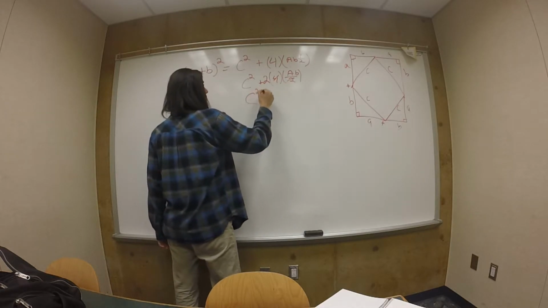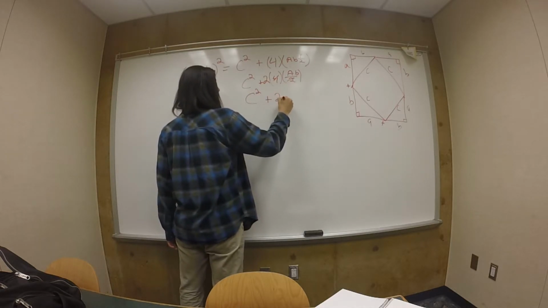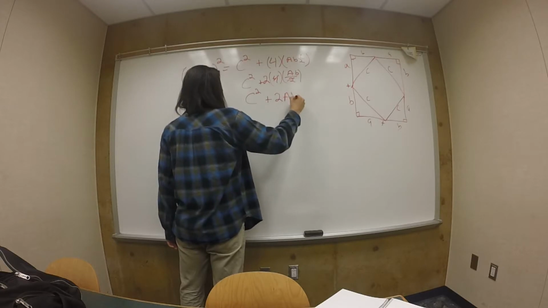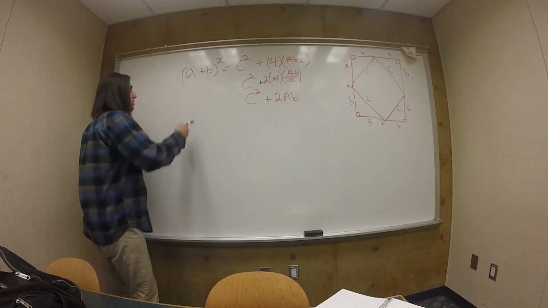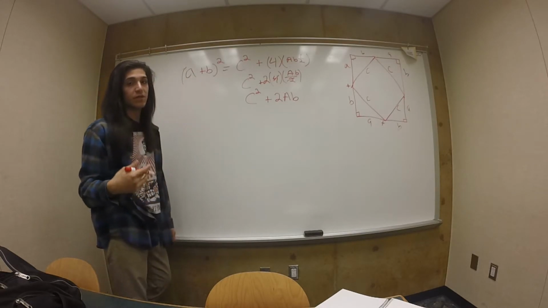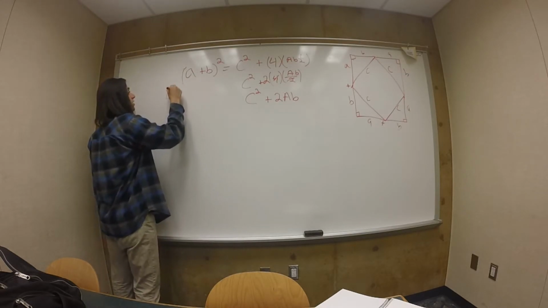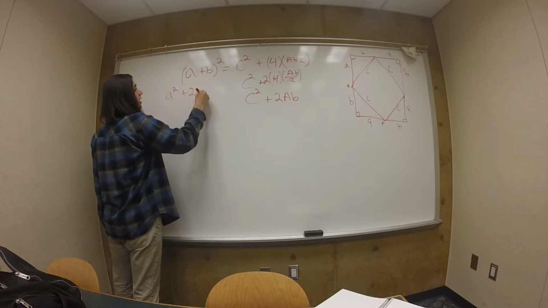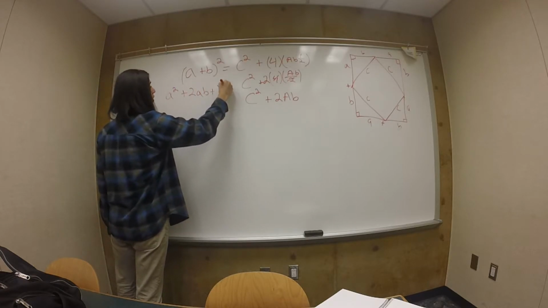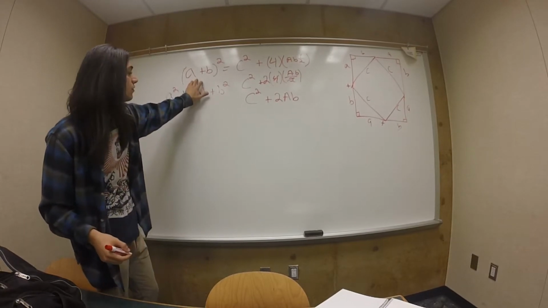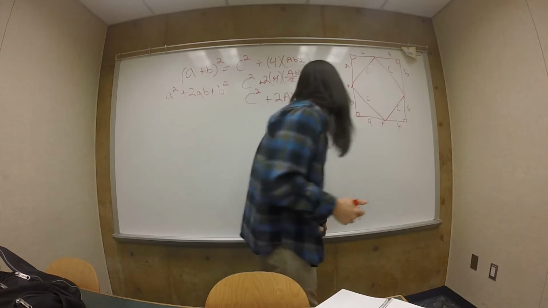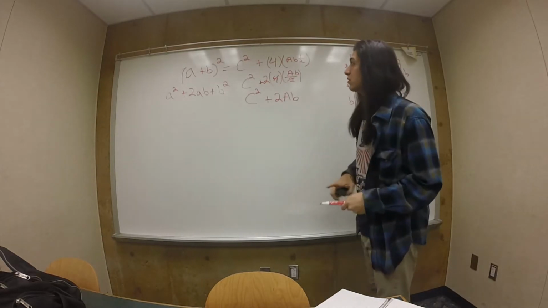So c squared plus 2ab. Now that's for your right side. Your left side, a plus b times a plus b, equals a squared plus 2ab plus b squared. And all you do here is distribute, use the distributive property.